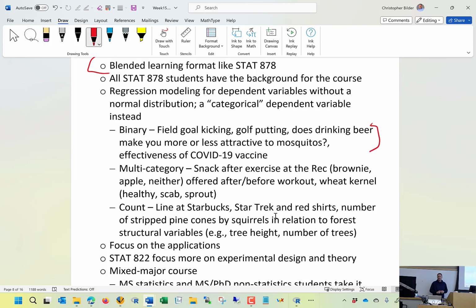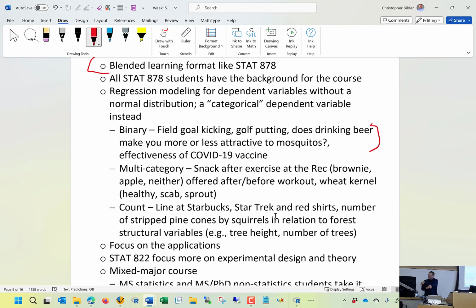One that I sometimes look at is a really weird experiment that was done where the researchers were interested in if drinking beer makes you more or less attracted to mosquitoes. And so they would actually put a person who had just drank some beer in a room, and they had some tubes that were somehow connected to the person's arm.